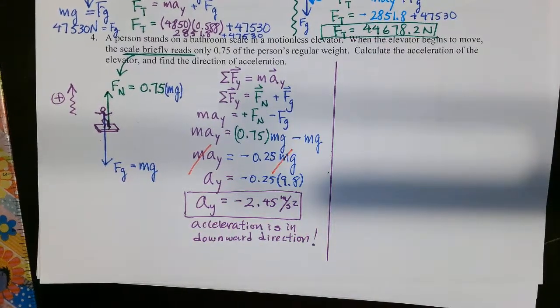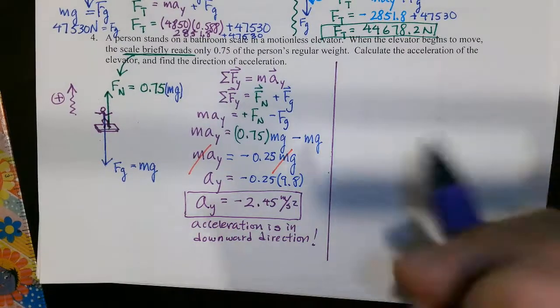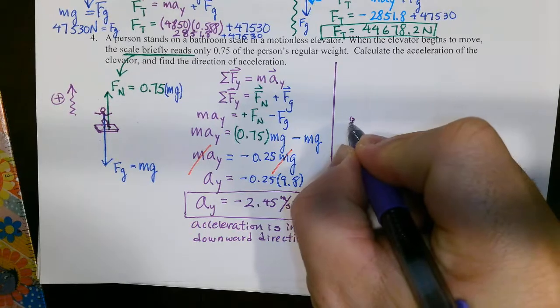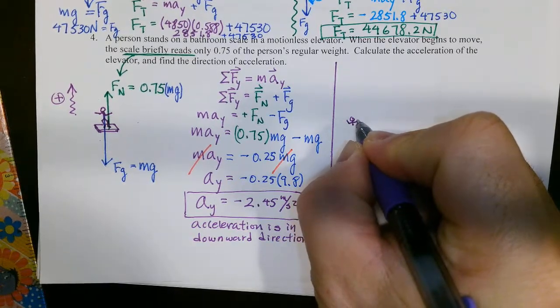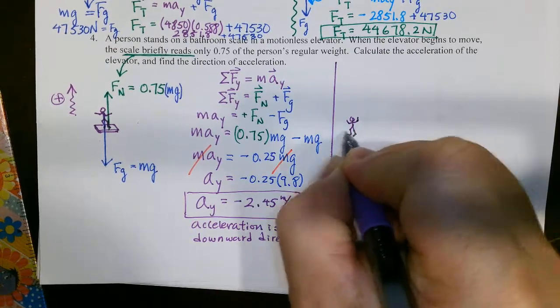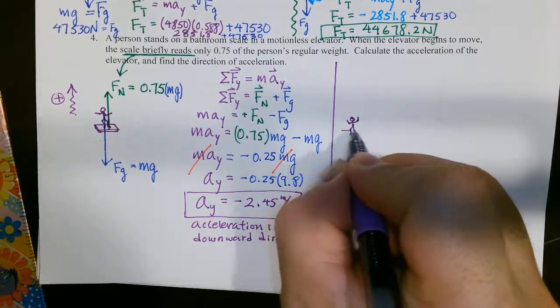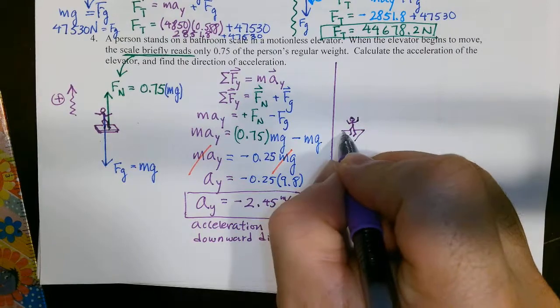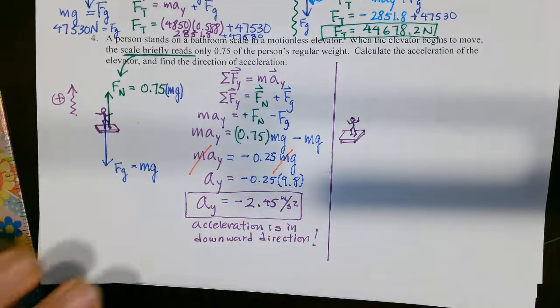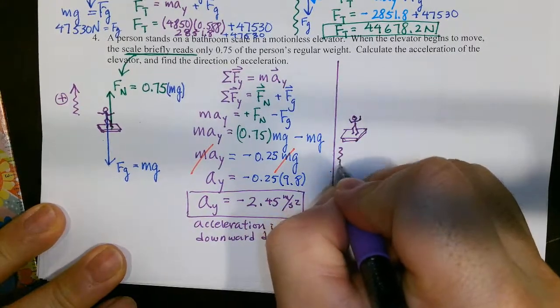So let's take a look at what happens when we have, this time, a person standing on a scale inside the elevator, but we're going to assume down to be positive.